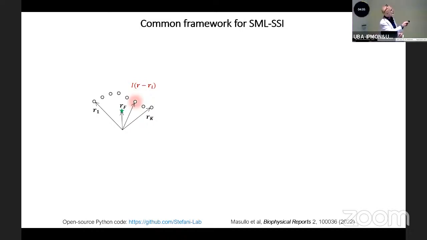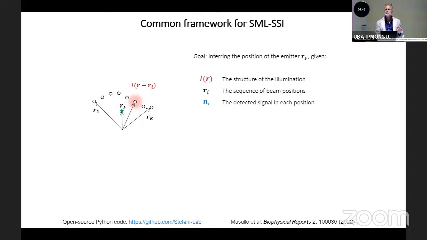This is I_R. Then you need to shift that excitation field over a sequence of positions, r_k, okay? You need to move it over space. And then you need to register, of course, the fluorescence signal of a molecule at each one of those positions of the field. These are the three elements that you need to make up many different methods, okay?